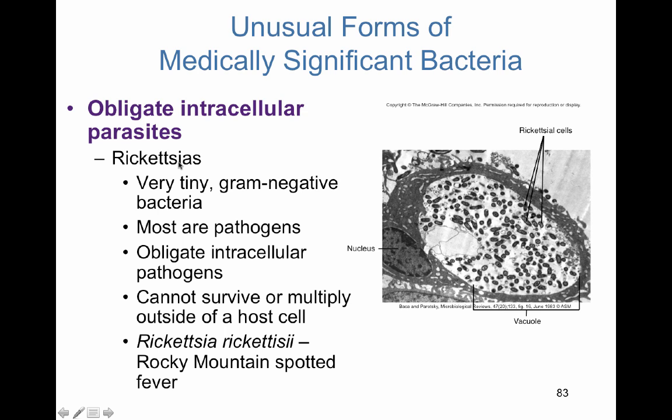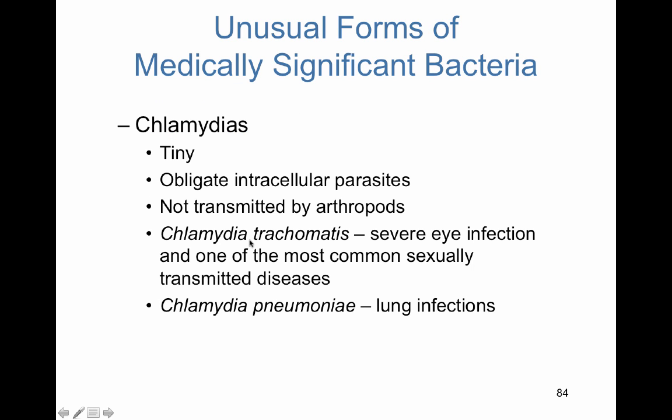So rickettsial bacteria are actually obligate intracellular parasites. They're very small, they're gram-negative, and they cause diseases like Rocky Mountain spotted fever or typhus. Most of the species within this genus will cause infectious disease.